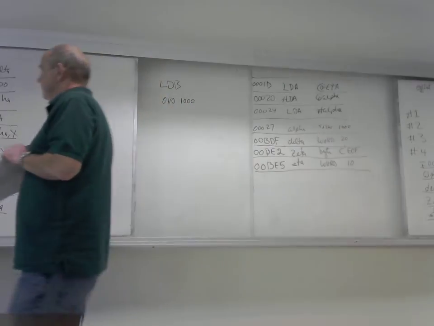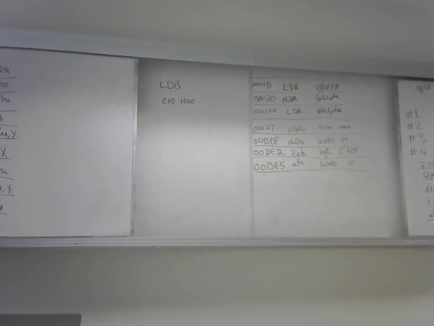So, now then, we have base delta. So we've got LDB pound sign delta. So now I want to build this instruction. That's the output.